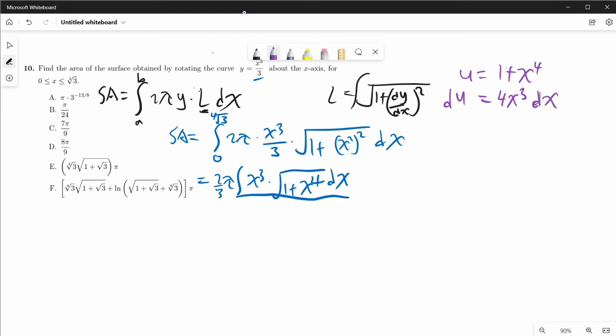Take the derivative on both sides, so there's a dx and a du on the other side. Notice in the equation, I have the x to the third and the dx, so I'll just put that on one side. So divide the 4 over, right? Now I can replace these two with du over 4, and I can replace inside the square root the 1 plus x to the 4th with u.